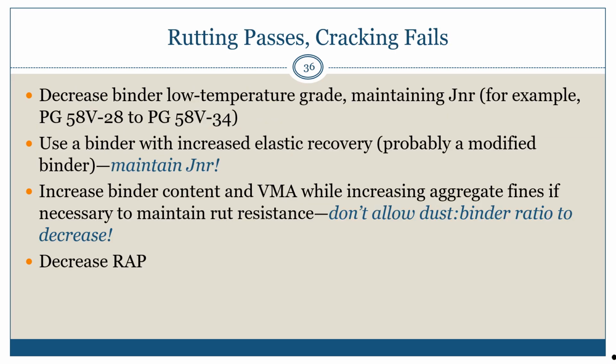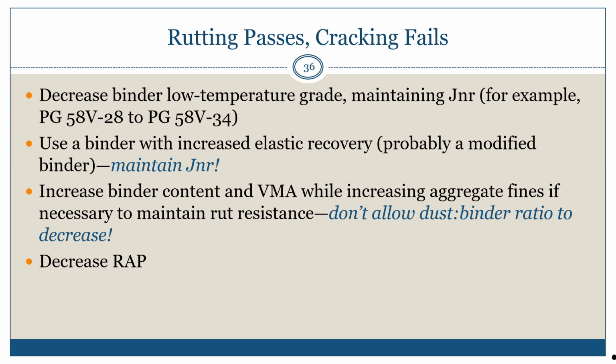So, imagine that our rutting test passes, but our cracking test fails. What can we do to improve the cracking performance that isn't going to significantly impact our rutting performance? Well, the first thing we can do is decrease the binder low temperature grade, making sure that you maintain Jnr.